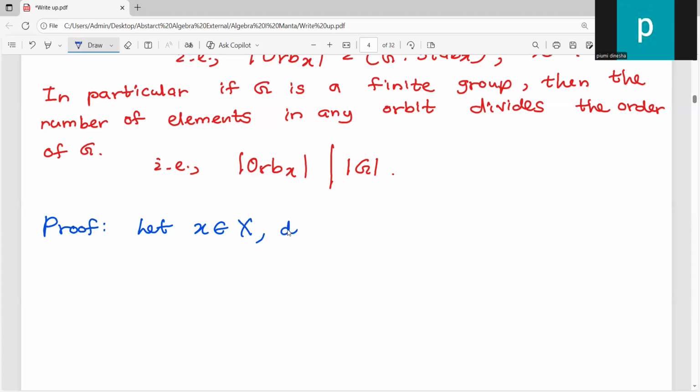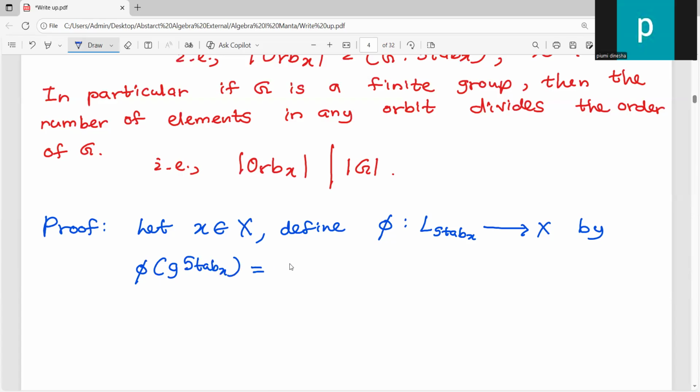And define a function phi from the set of left cosets of this stabilizer in G to X. And we define this by taking any left coset of the stabilizer and mapping it to g dot x, where dot resembles the group action.